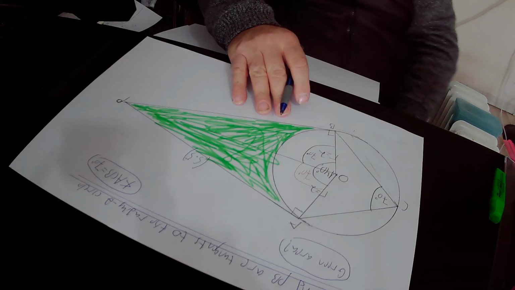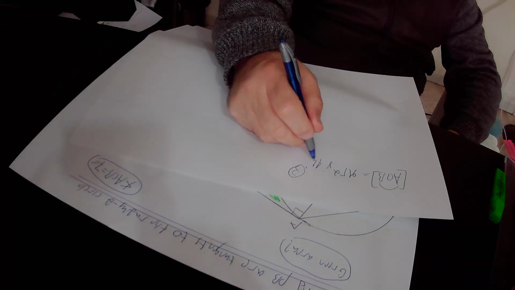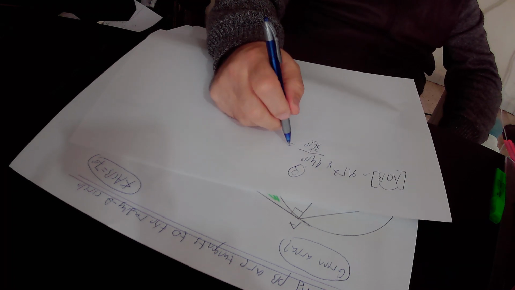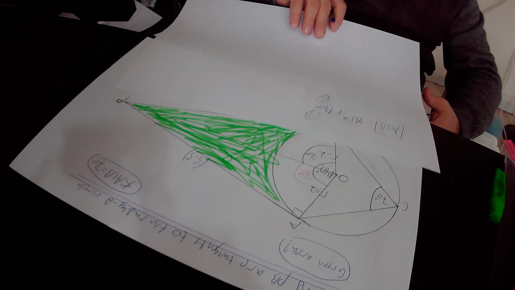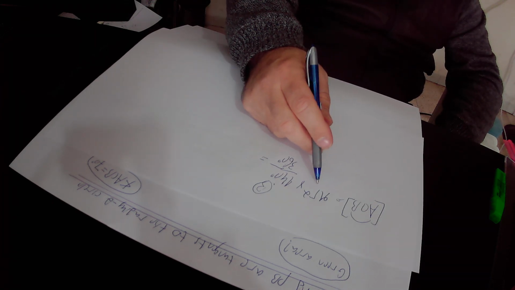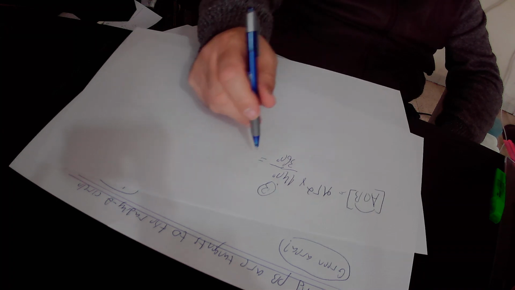As you can see in the drawing, 140 degrees over 360 degrees. The radius of this circle r equals 2, therefore r squared is 2 squared, that is 4. So in total, the area of the circle is 4 pi.